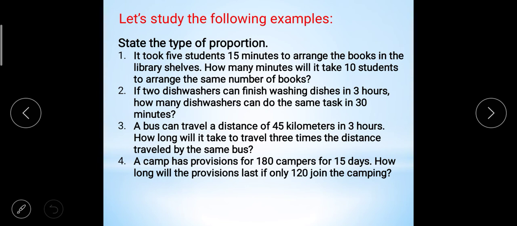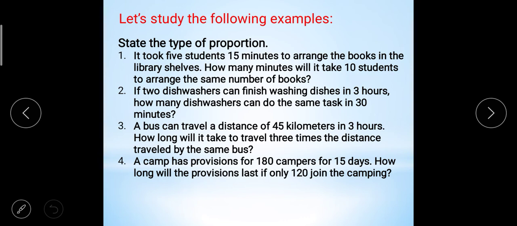If 2 dishwashers can finish washing dishes in 3 hours, how many dishwashers can do the same task in 30 minutes? Okay, so dito pa lang nakita natin yung number of hours, yung time is bumaba. So instead of 3 hours, 30 minutes lang gagawin.